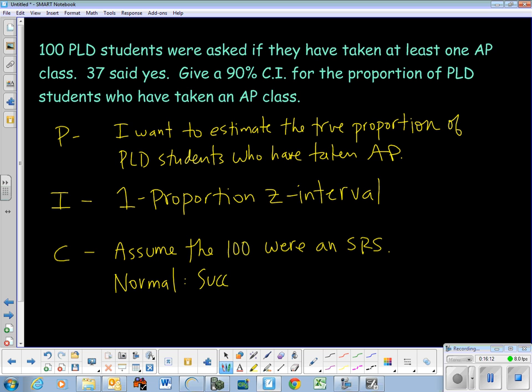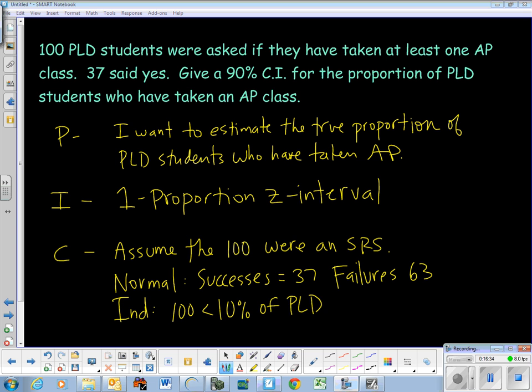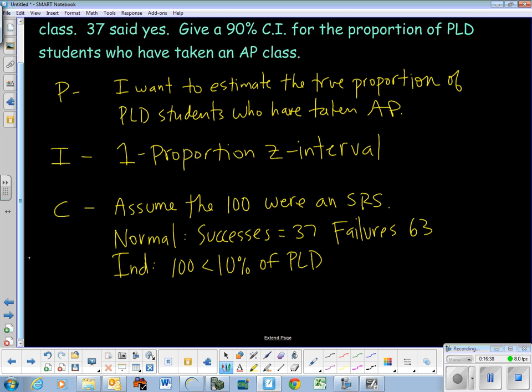Successes was 37. Failures was 63. Both greater than 10. Independent. 100 is less than 10% of Dunbar's population. Okay, pardon me, the announcements came on and got in my video. No biggie. C, conditions.